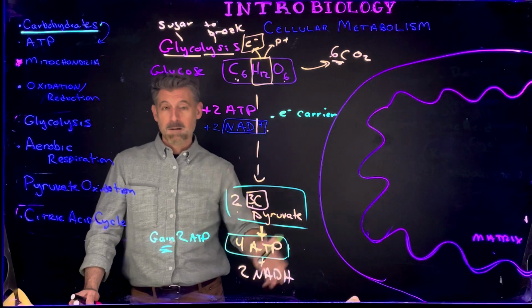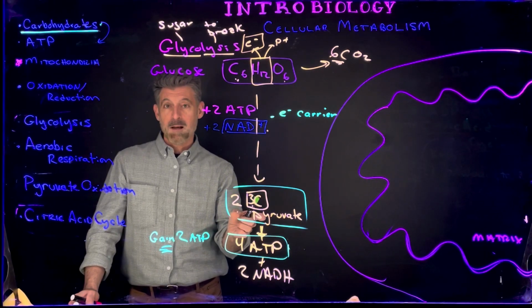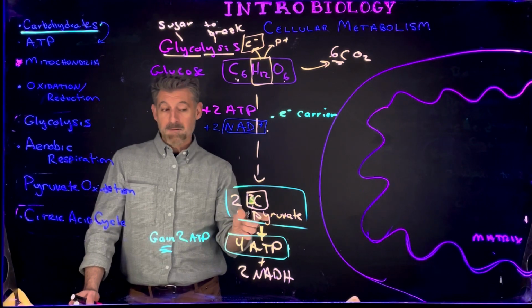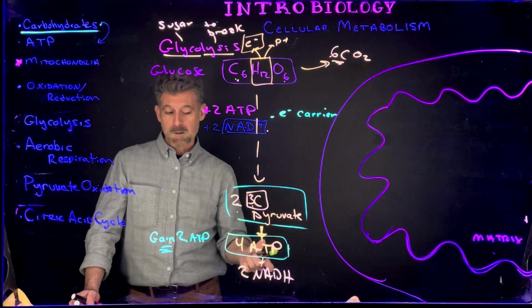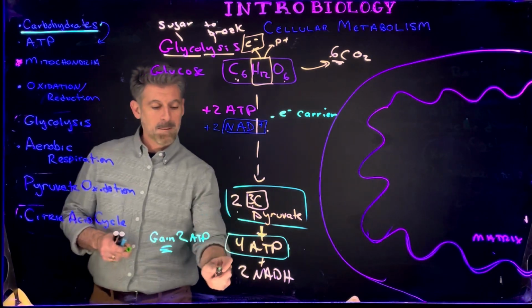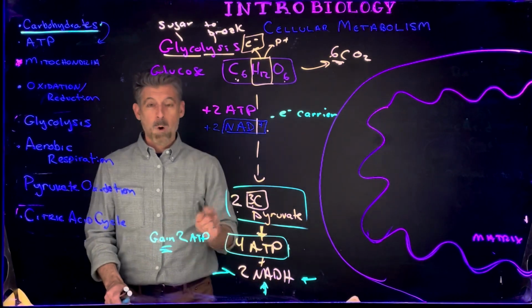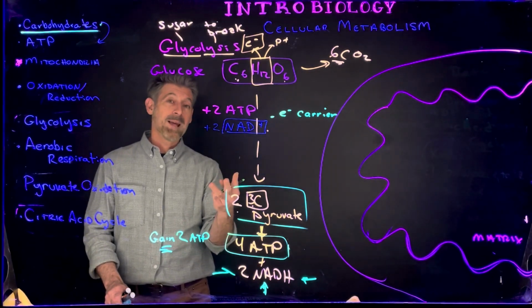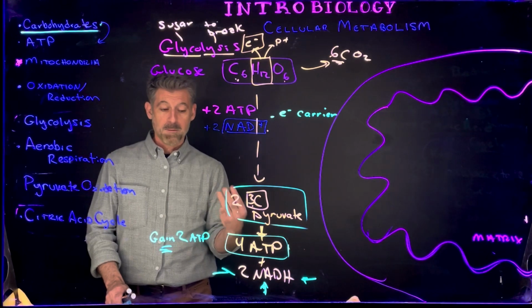It just keeps churning and going and going, and it doesn't make much ATP for the cell, but it makes something for the cell. And it happens with or without oxygen, and it can keep making ATP just a little bit. But most of the energy is going to be locked up here in this NADH molecule. One NADH is 3 ATP. In terms of an energy equivalent, it's worth that much. It's worth 3 of them.